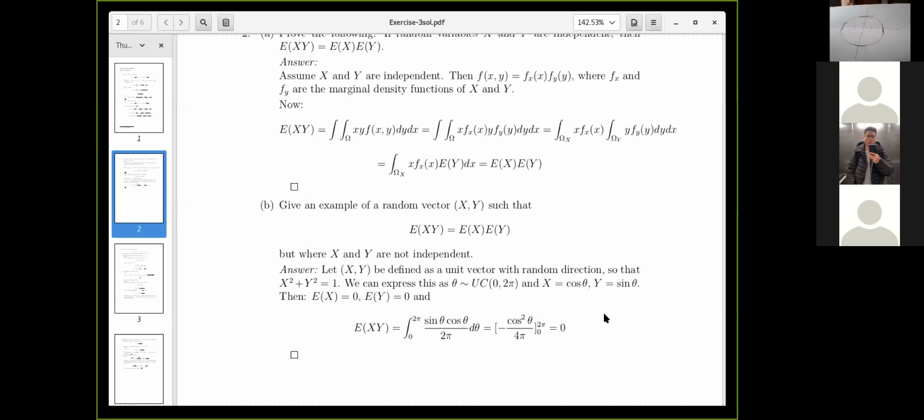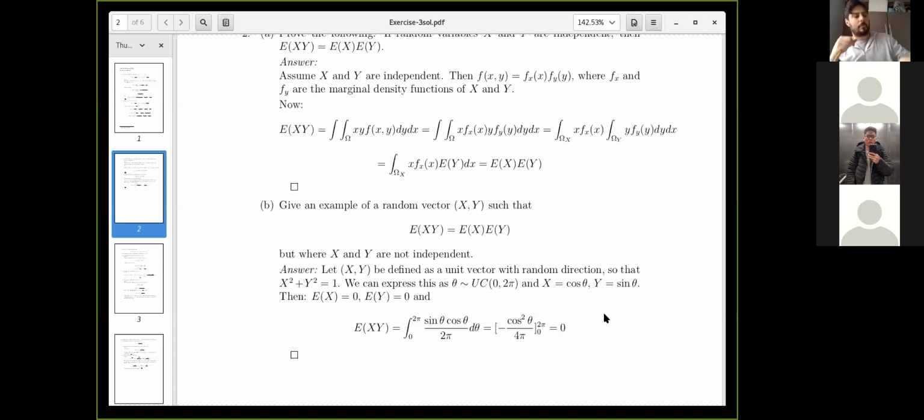You see I've marked these regions. The probability that x is between here, well, then in these cases y is going to be either very close to 1 or minus 1. But x is between here, and this could be roughly 1/8 of the circle, and then here we could have 1/8 of the circle. So we have a certain probability of x being here, a certain probability of y being here. But the probability that x is here and y is here is absolutely 0, because those cannot happen together.